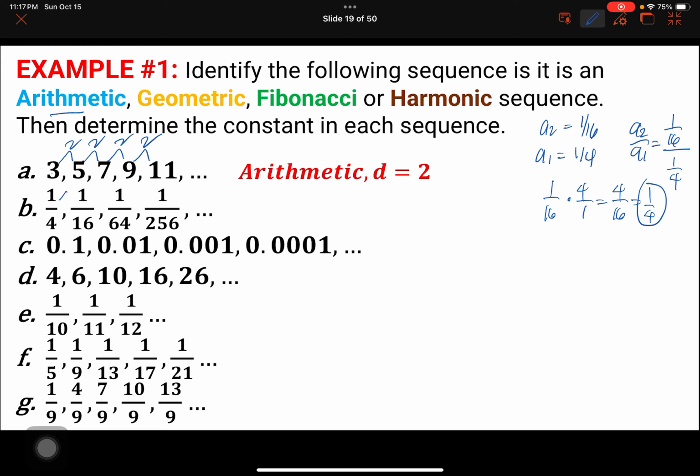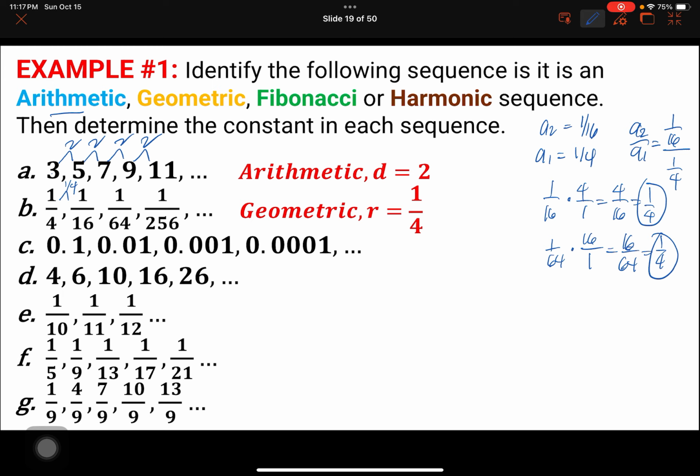So 1/4 ang pagitan nito. Si 1/64 times 16 over 1 is still 16 over 64, which is 1/4. So we can conclude this is a geometric sequence with common ratio na 1/4.